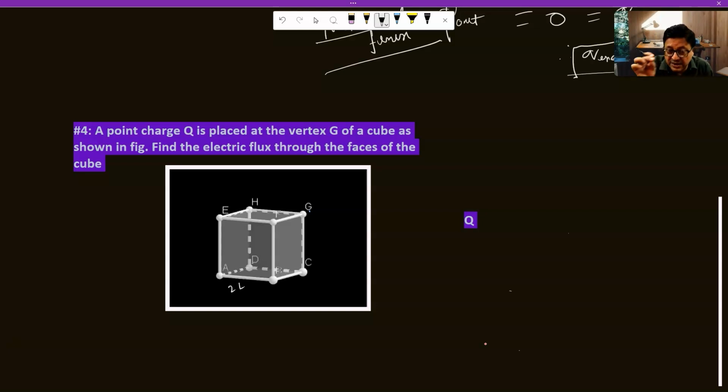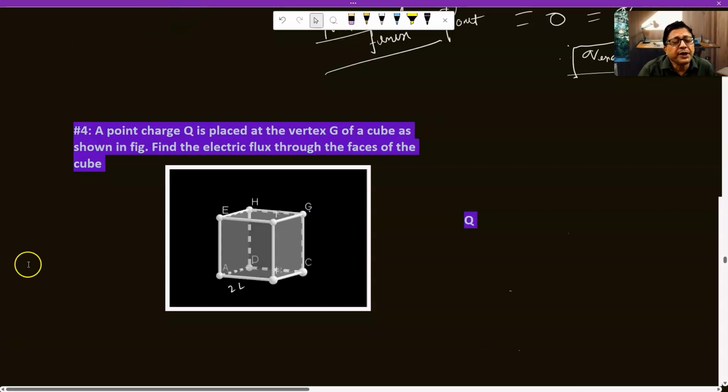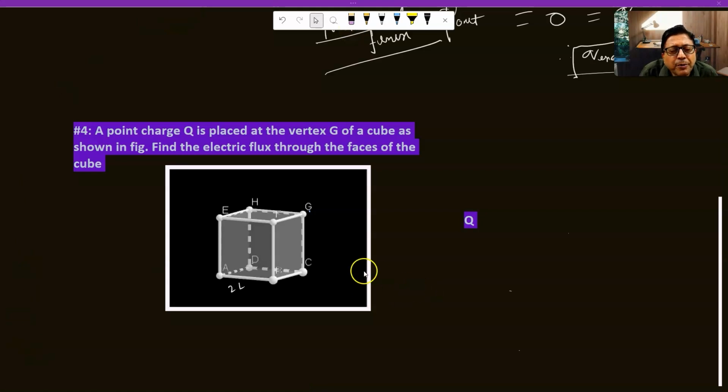Vertex G means inside the cube, outside the cube, very close to G, or on G only. The result is not going to differ. You have to find the electric flux through the faces of this cube. It's a challenging question. Electric flux through the faces means it will be through all 6 faces.